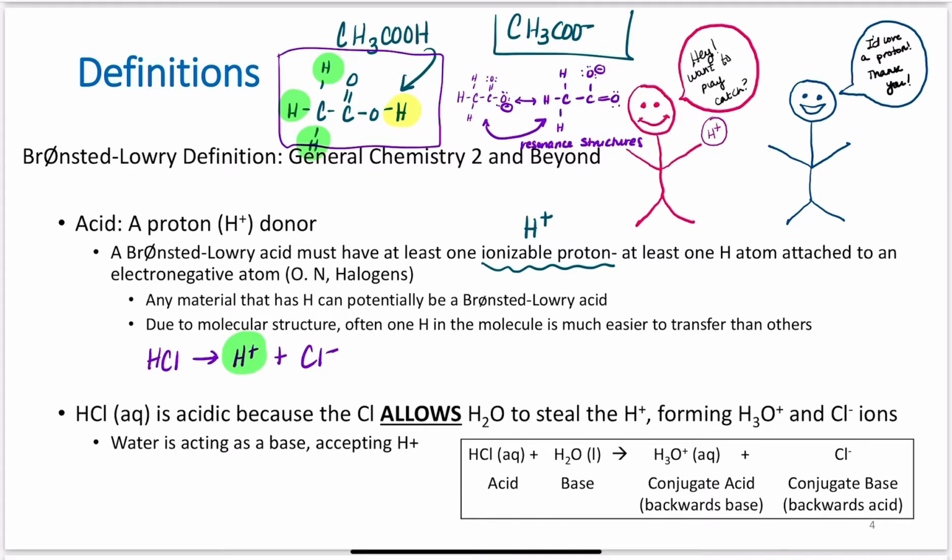It produced a proton. It donated a proton. The HCl donated a proton to solution, leaving behind the Cl-. That is a proton donor. Nitric acid, same thing. Forms H+ and NO3-. It donated a proton to solution.